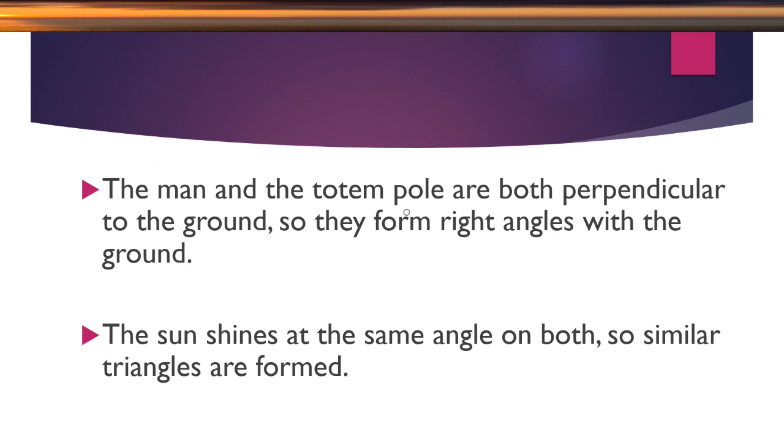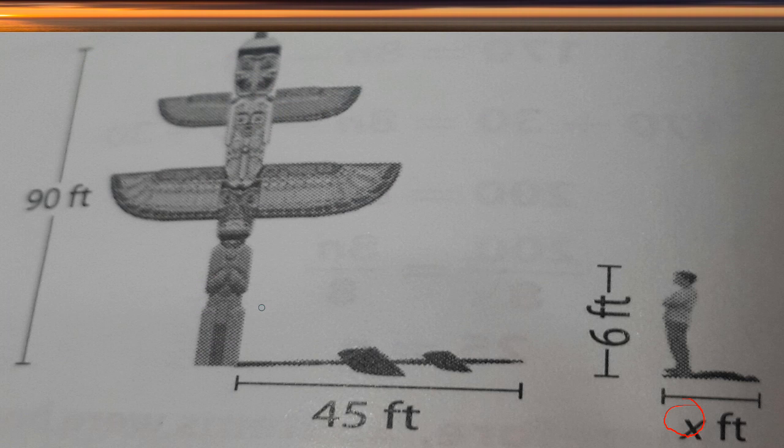The man and the totem pole are both perpendicular to the ground, as you see in the picture, so they form right angles with the ground. Let's go back to see it. So here is the right angle with the ground. This is the totem pole, at a right angle with the ground. Also, the man is at a right angle with the ground.